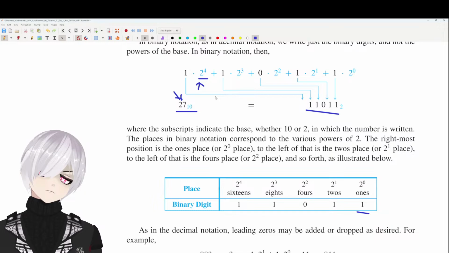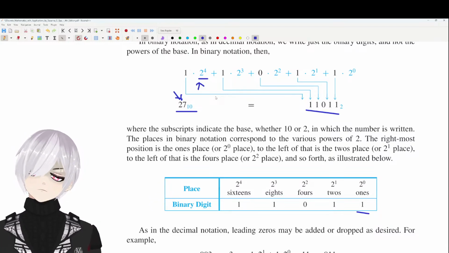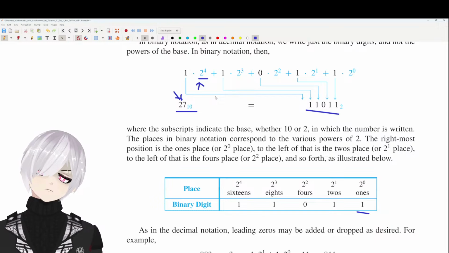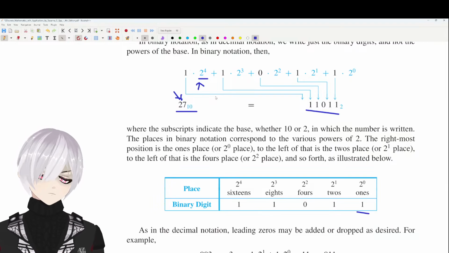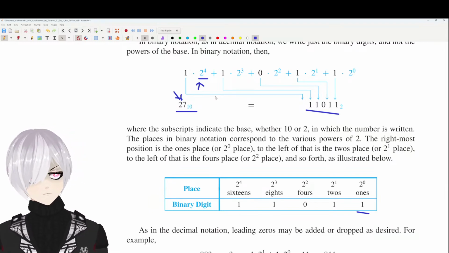I think the idea is that if you write a number and it has a subscript, it's the base, and then the thing at the top is the expansion of it, like writing what it means to say that this number is 11011. In decimal notation, that would be 1 times this power of 2 plus 1 times that power of 2.